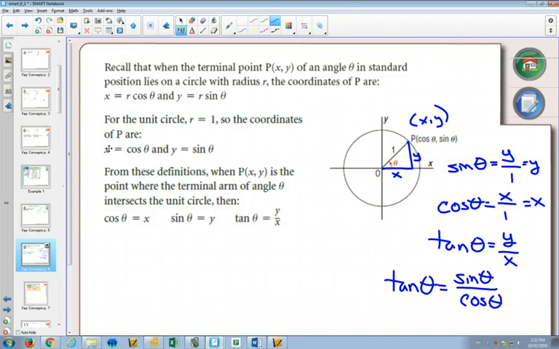Which is pretty cool, because if you take any angle, say 22 degrees, you type into your calculator sine of 22 degrees divided by cos of 22 degrees and push enter. Then you type tan of 22 degrees, and you'll get the same number every single time. Because tan of any angle is always equal to sine divided by cos of that same angle.